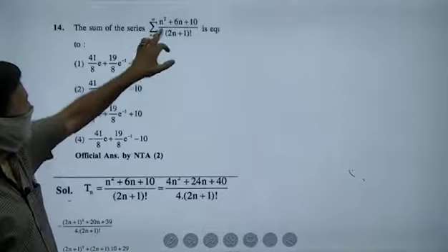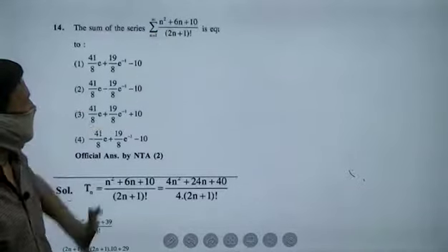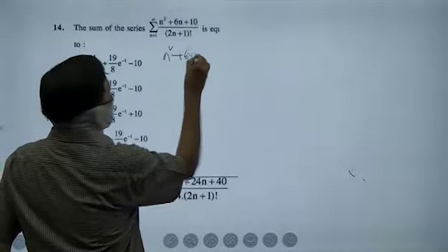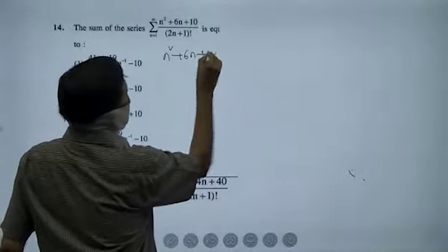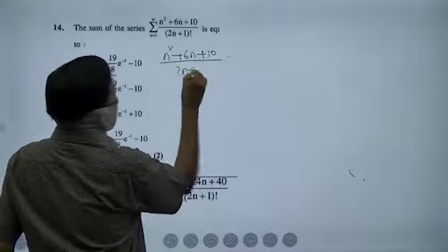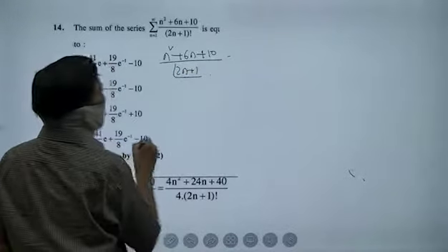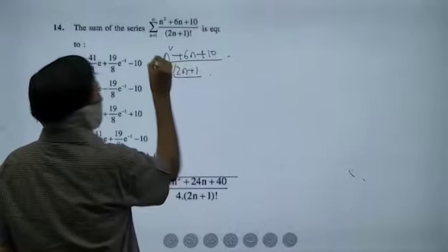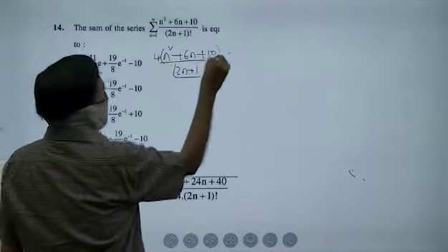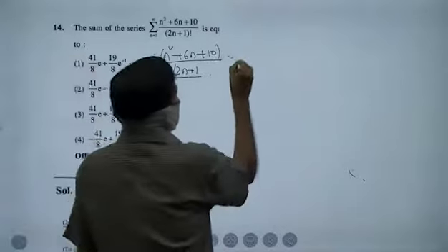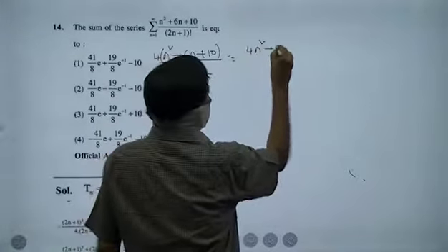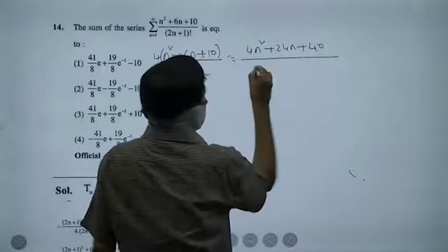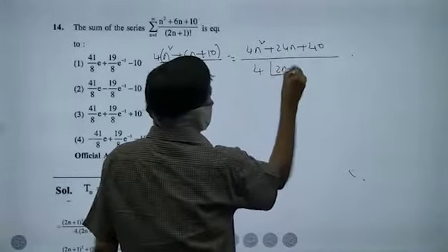You first try to simplify this nth term. N square plus 6n plus 10 by 2n plus 1 factorial. You multiply with 4 and divide with 4. You will get 4n square plus 24n plus 40 by 4 into this.